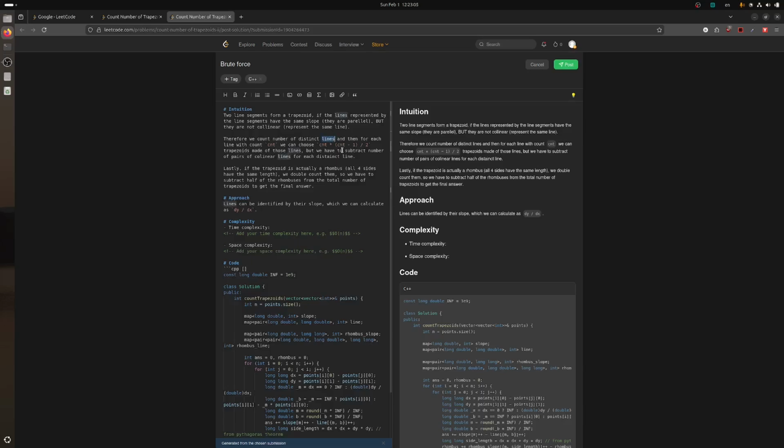Distinct slopes. If the lines have the same slope, lines with same slope.